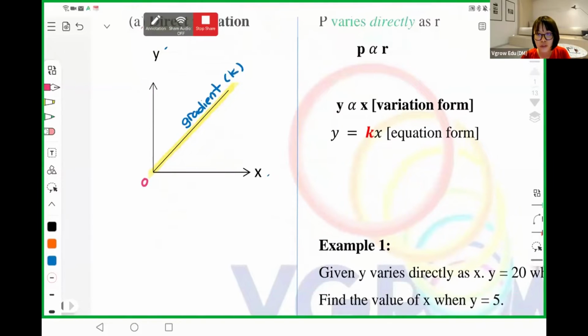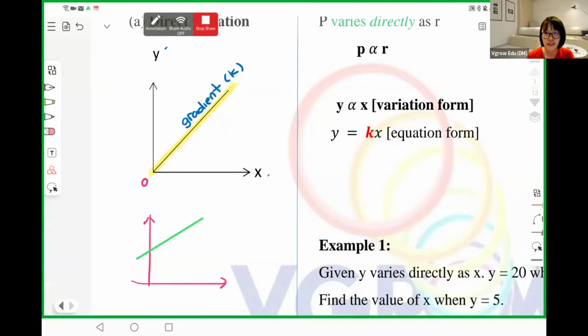If you come across any graph that is not passing through the origin, for example the graph at the bottom here, this is not a direct variation, even though the straight line is moving upwards.